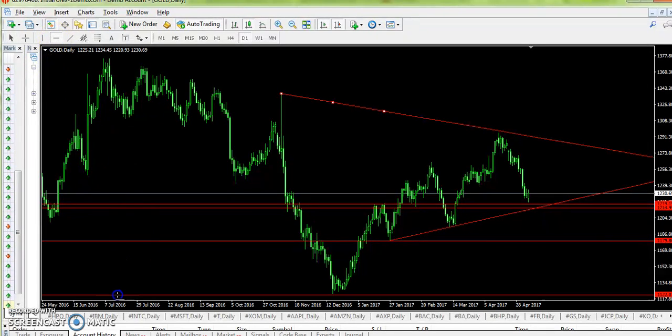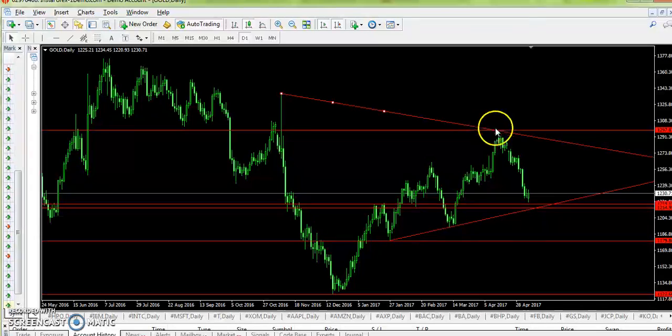The second one is 1122. The stop loss would be the major swing high at this point, which as you can see was at 1297. So my trade would be: sell gold at 1214, stop loss 1297, initial targets 1179 and 1122.